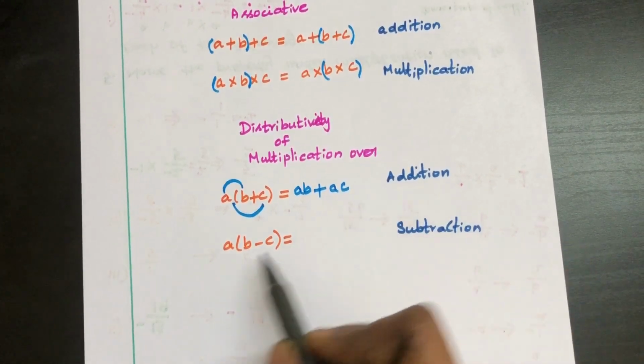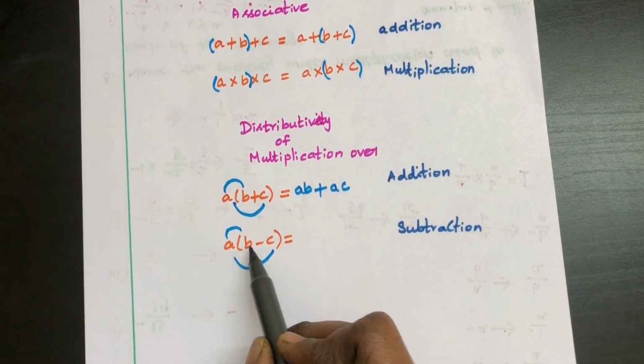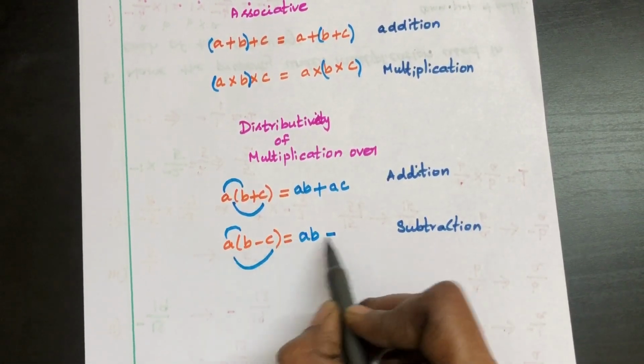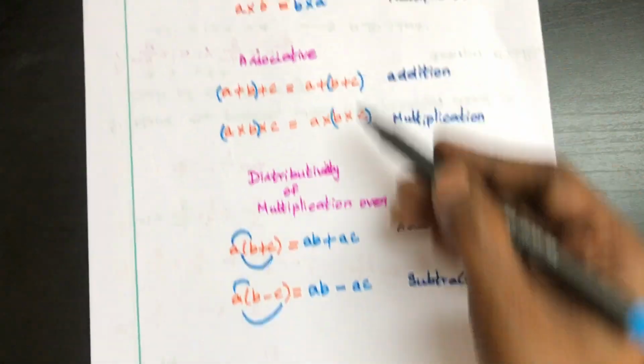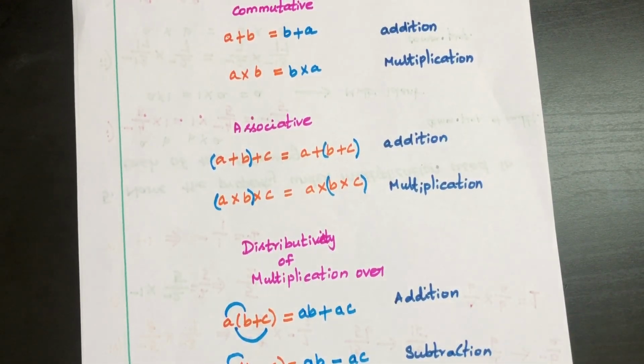This is for addition. Here, AB minus AC: a into b minus c is equal to AB minus AC. That's all. Using these properties only, we are going to do all our problems in this chapter.